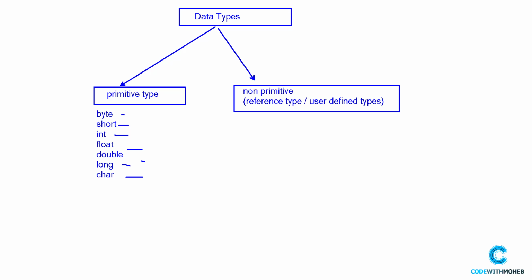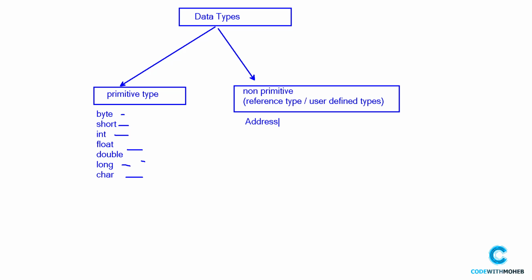Non-primitive, reference, or user-defined types are like what we made an example of before, if you remember, the Address class we had. For example, in our Student class, we had a variable address of type Address. So that address is a user-defined, non-primitive, or reference type.